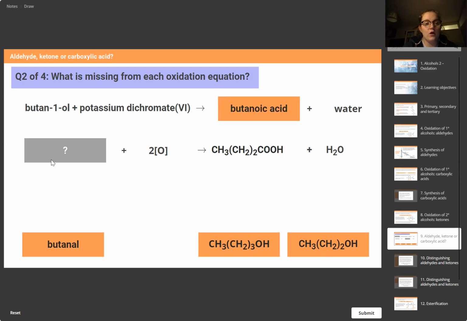So butan-1-ol, let's have a quick look at what that's going to be. Our OH group's attached to our terminal carbon. Obviously, it's going to be this one.